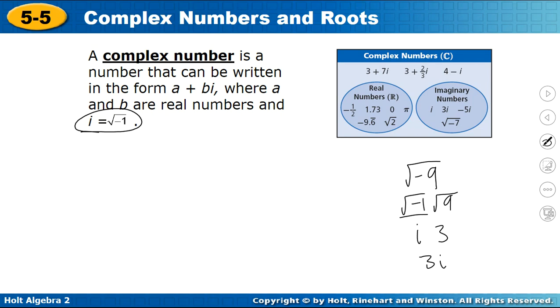Okay. But now we're going to work our way towards complex numbers. And complex numbers, as you can see here, are written in the form a plus bi. a is considered the real number part, and bi is considered the imaginary number part.